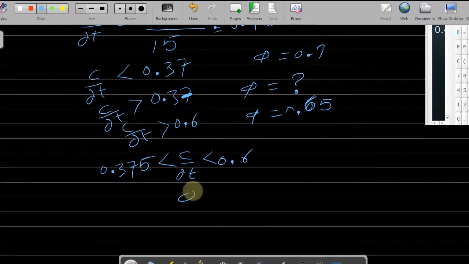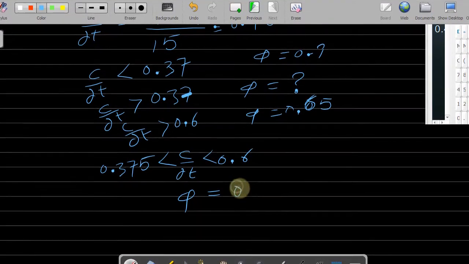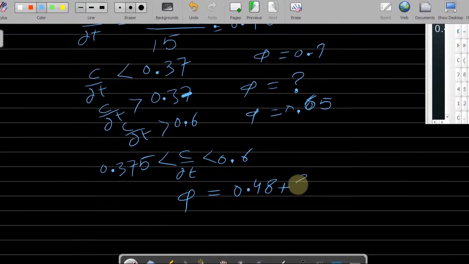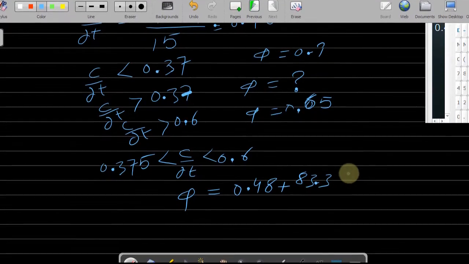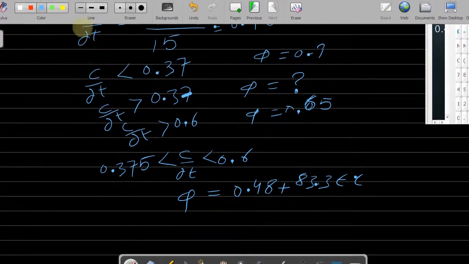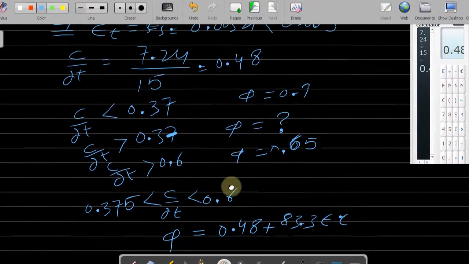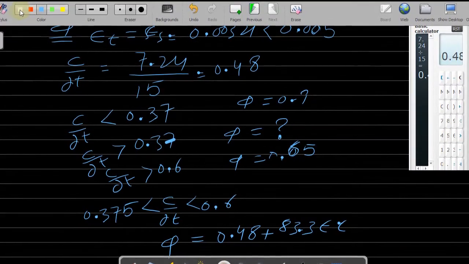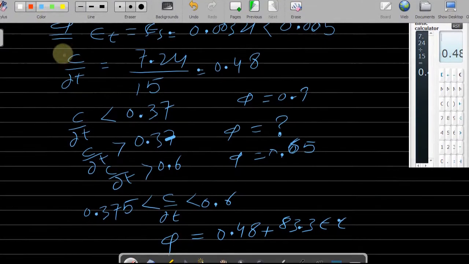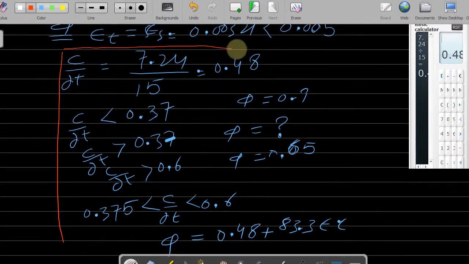So we have to calculate the phi value, and the phi equation will be used, that is 0.48 plus 83.3 times epsilon t. You can either use this, because I'm sharing those calculations which I have shared with you in my lectures. We did this in our lecture. So this is another way.